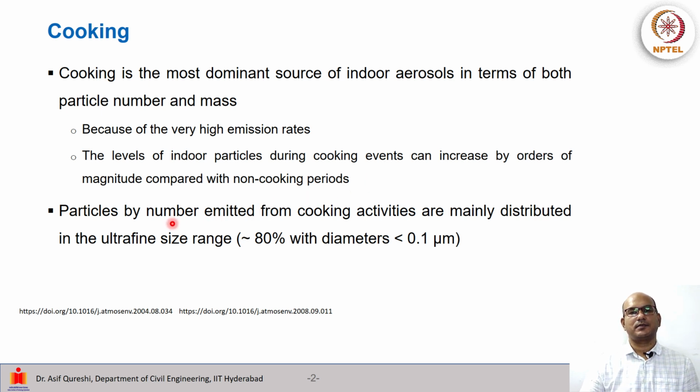The particles by number emitted from cooking activities are mainly distributed in the ultrafine range, with up to 80% having diameters less than 0.1 micrometers. So cooking basically emits predominantly in the ultrafine range.